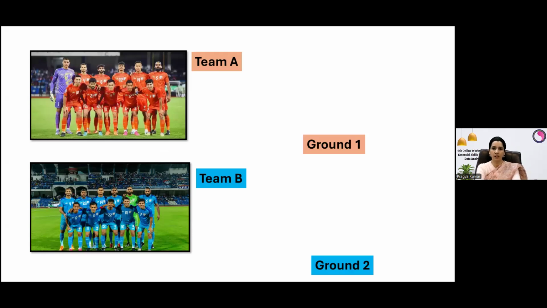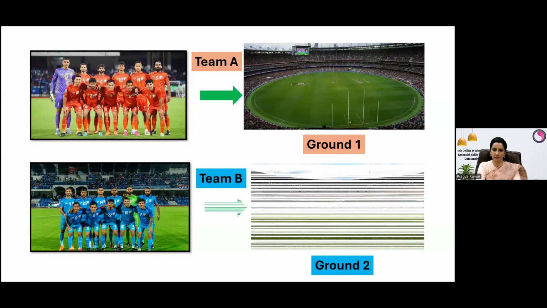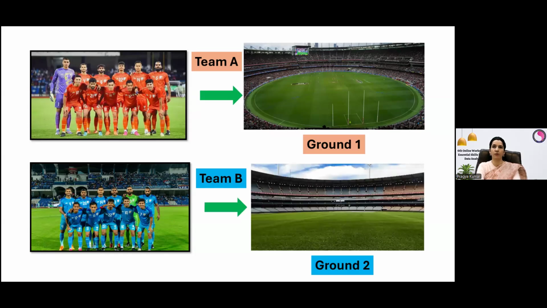Now, there's one activity for you. In this picture, what you can see: there is a team A, which will play in this ground, and there's a team B, which will play in this ground, ground 2.